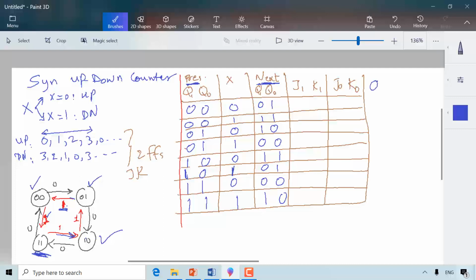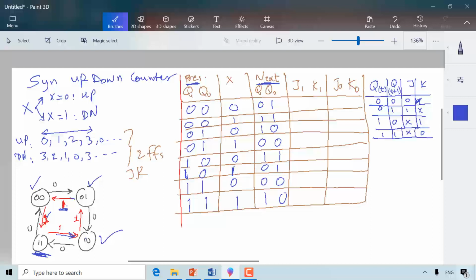I have to use the excitation table, Q(t), Q(t+1), and it gives me J and K. So this is 0, 0, 0, 1, 1, 0, 1, 1. So this will be 0, x, 1, x, x, 1, x, 0.